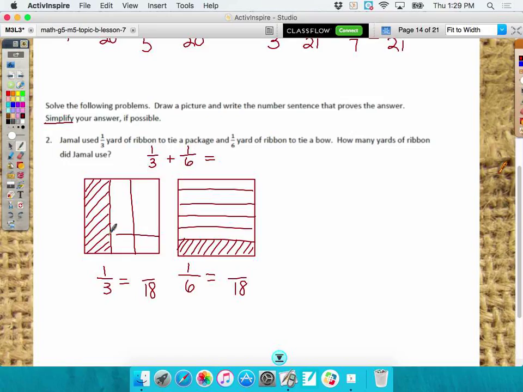And when I combine, I have 6/18 and 3/18. Is that what you got? Yes. So 6/18 plus 3/18 equals 9/18.